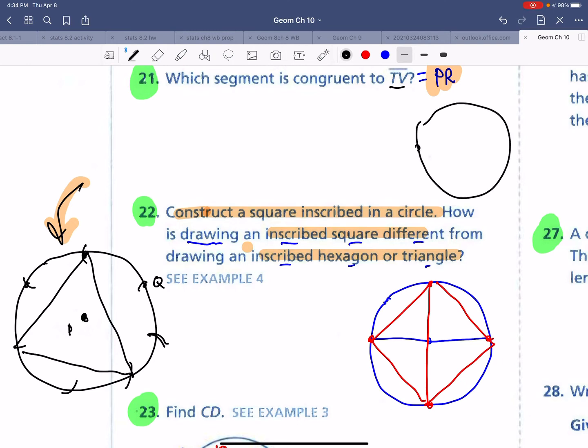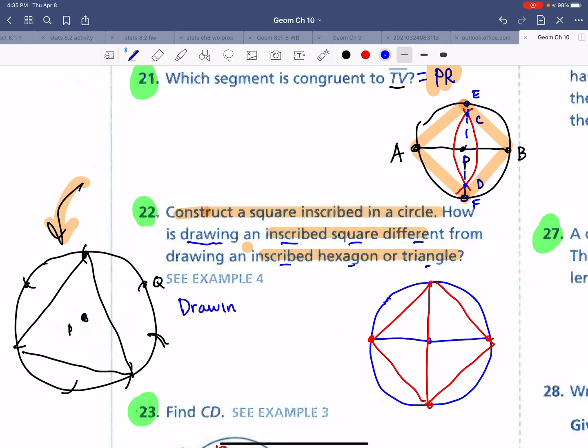We made a circle, and then we made a radius. And then we used our steps for the perpendicular bisector to find the new coordinates E and F that would allow us to make a square. So these two constructions are very different. So it says, how are these drawings different?